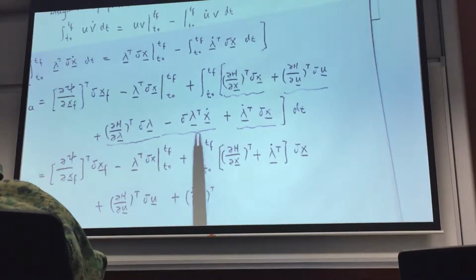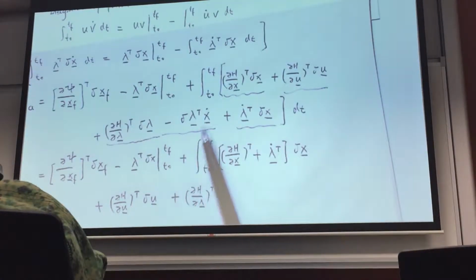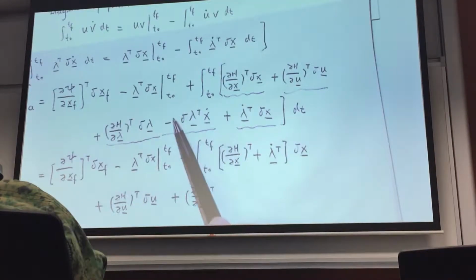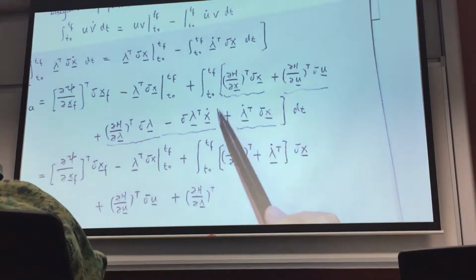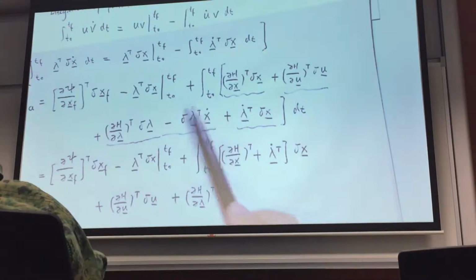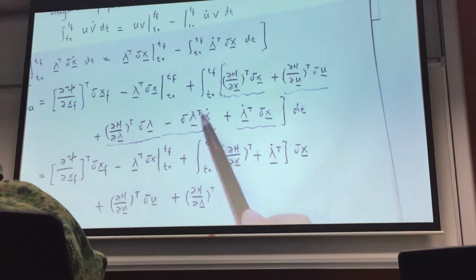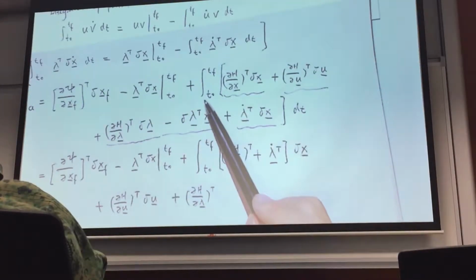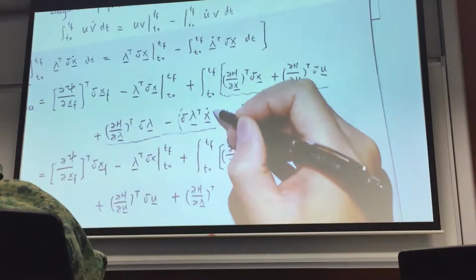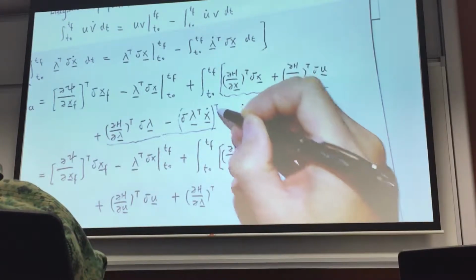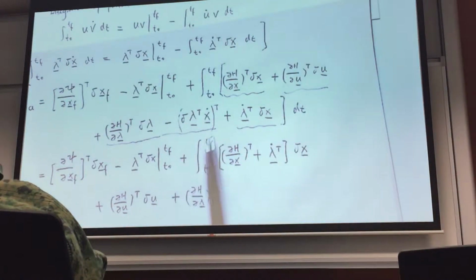Because the product is a scalar, we want to change the order between the delta lambda and the x dot. So we can apply a transpose here because it's a scalar, so the transpose is equal to itself. In this way we can change the order.